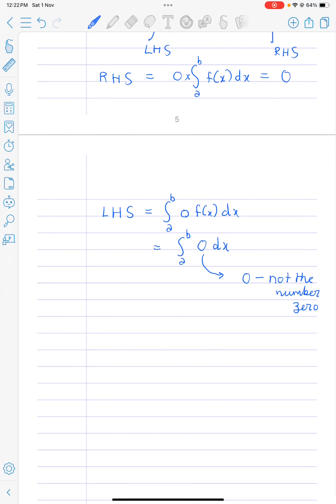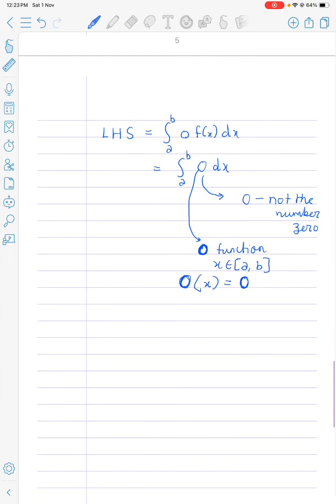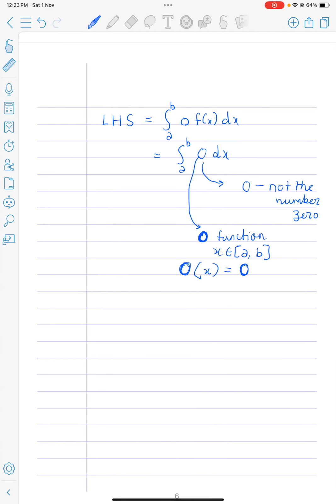This one is the 0 function, which means it takes any x from a to b, and it gives me the number 0. You take any x from a to b, and it will return the value 0. So this is actually a function.